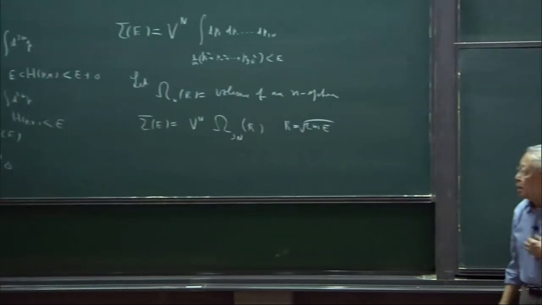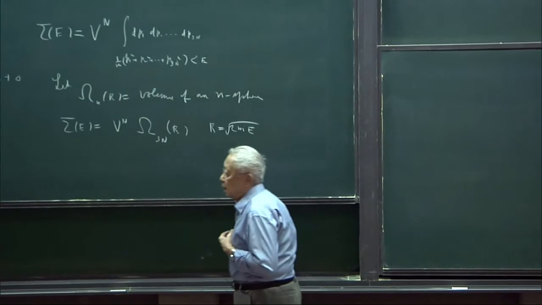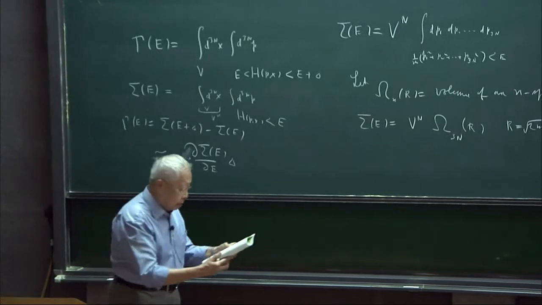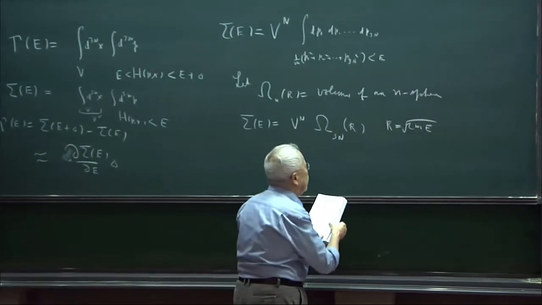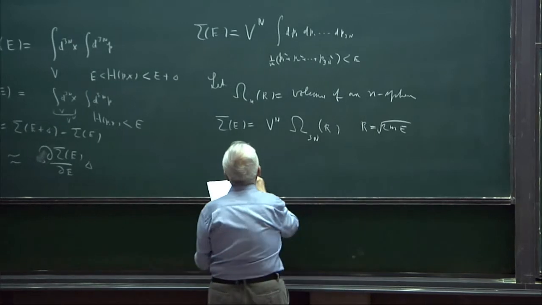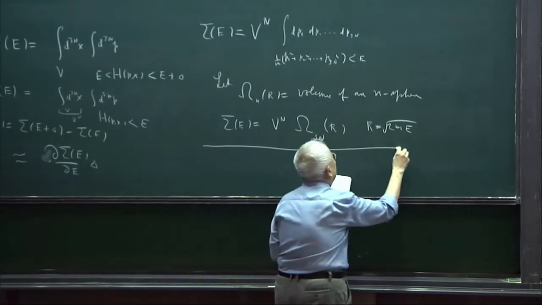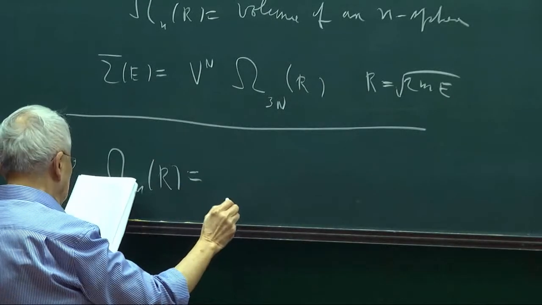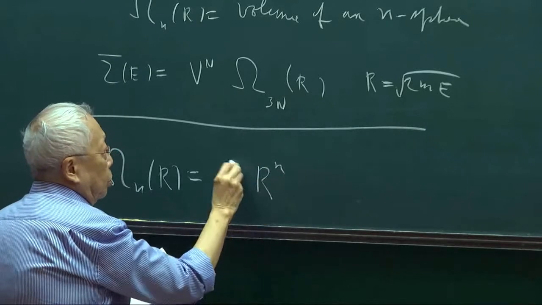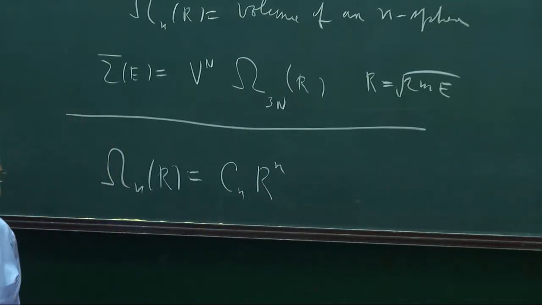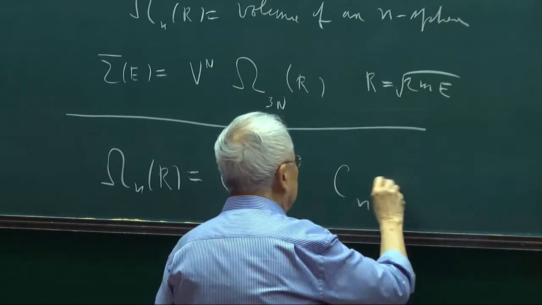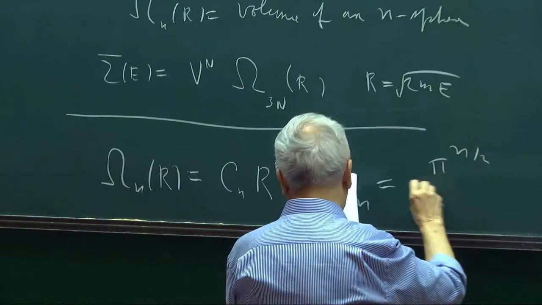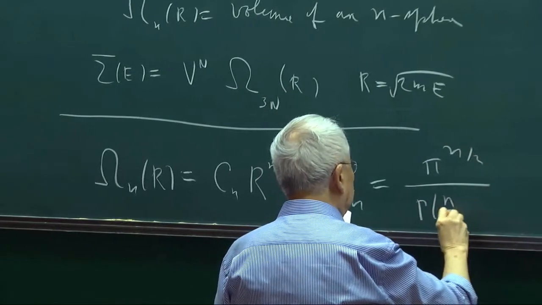I'll just quote the answer. It is derived in the book, so I'll not go through it. The result is Omega_n(r). Of course, it's proportional to r to the nth power, so all you need is a constant in front. That constant is equal to pi to the n over 2 divided by the gamma function of n over 2 plus 1.